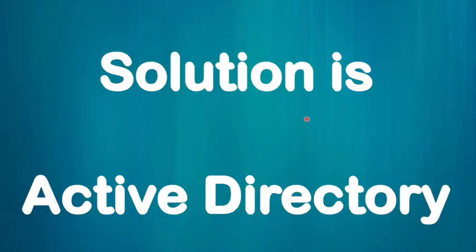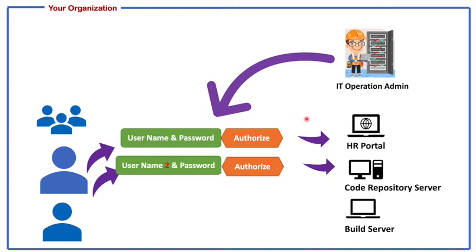So now what is the solution? The solution is the Active Directory. I'm going to show why the Active Directory is the solution for this problem. Take the same scenario, but this time we have the Active Directory. Now we are going to see how this Active Directory solves this problem.